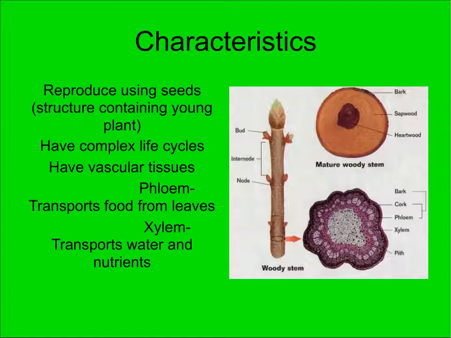Okay? And then what the xylem does is that it takes up water and minerals from the roots. And the evaporation from the sun's power off the leaves pulls the water up through the plant.